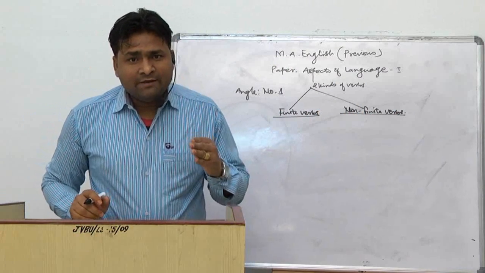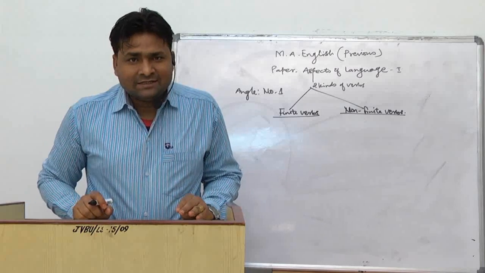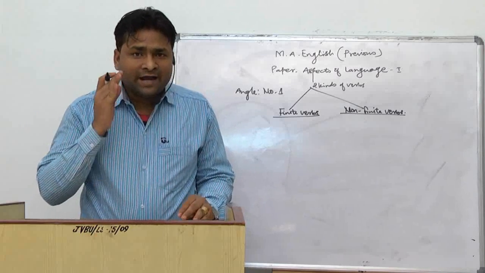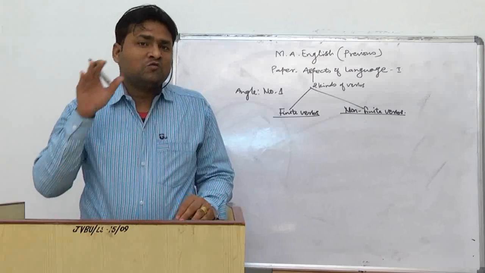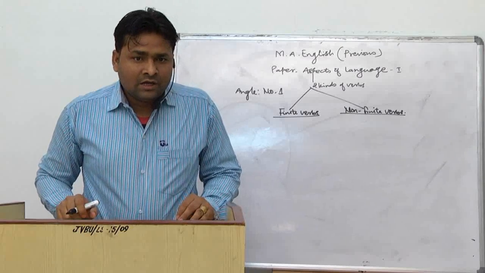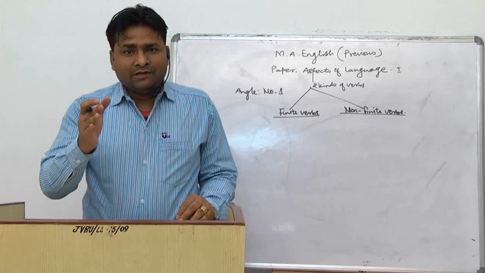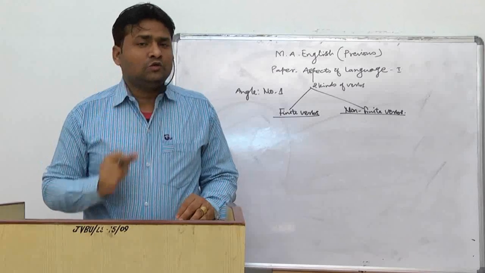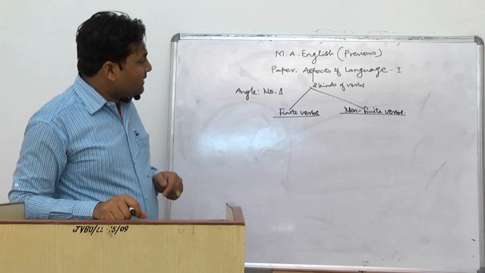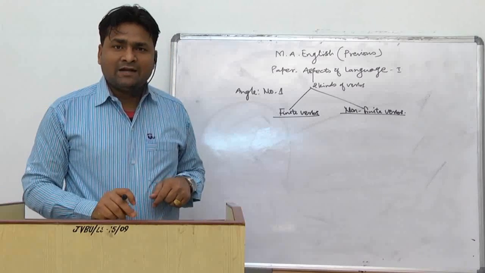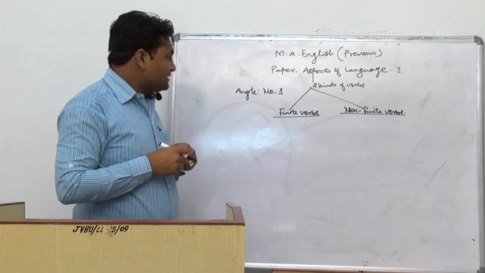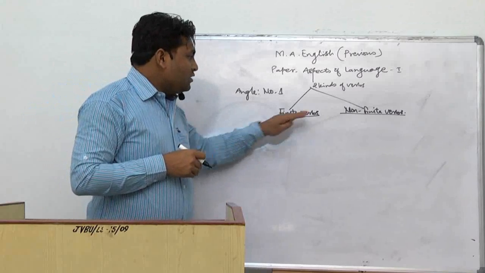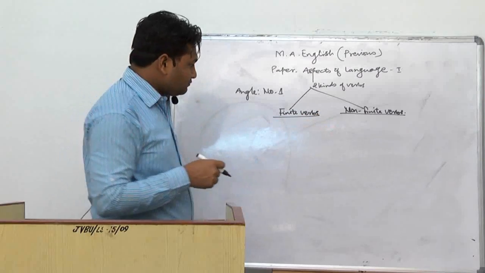Now I know there will be a question in your minds as to what finite verbs are, what non-finite verbs are. At your level, you need to know what finite verbs are and what non-finite verbs are. Now we will understand the finite and non-finite verbs in detail.